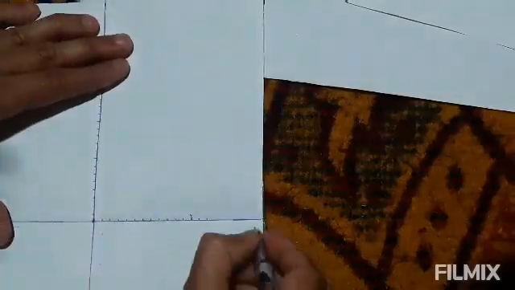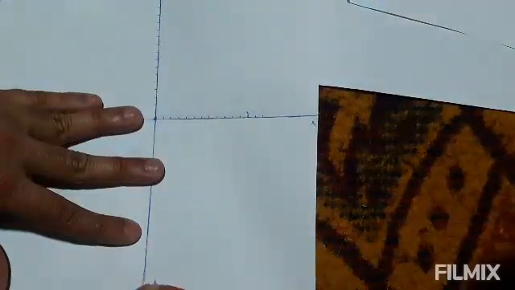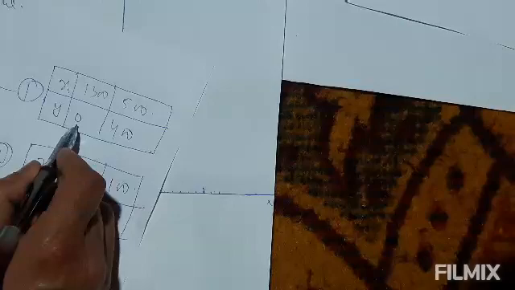So this is the graph. Once again I'm going to plot it on the plain paper. This is the x-axis and this is the y-axis. Now if we consider the first table, x is 1300 and y is 0.